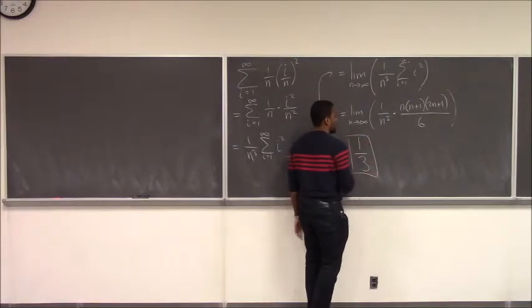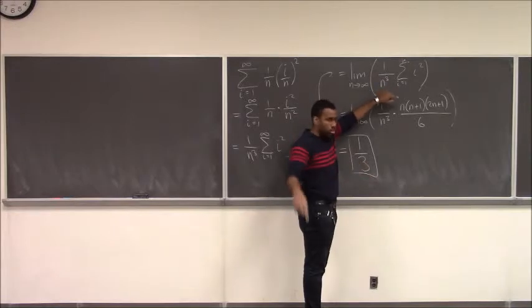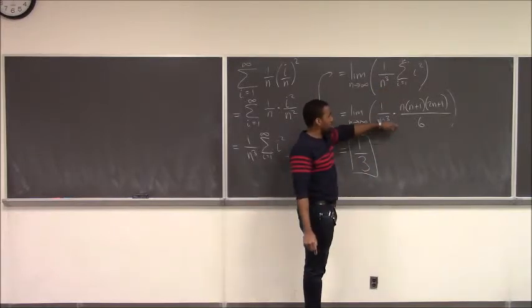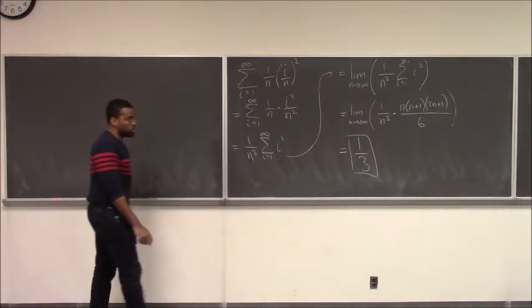Distribute and then infinity rules. Right, so the top will give you 2n cubed something, and the bottom gives you 6n cubed. The highest power on this is the same on the top and bottom. You go to the ratio of coefficients. So it goes to 2 over 6, which is 1/3.